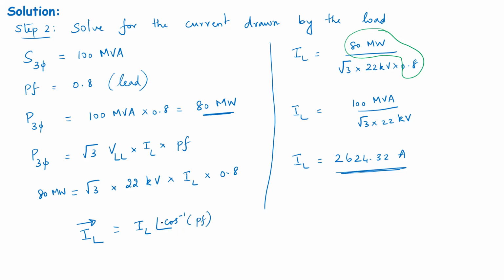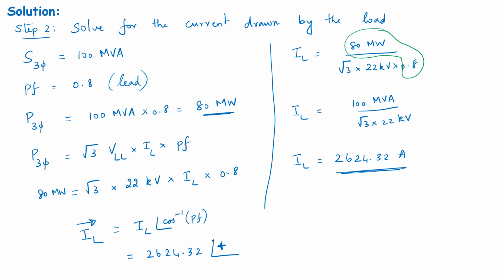Because this is a leading power factor, we will have a negative sign in front of the angle, and therefore IL phasor is 2624.32 at a negative angle of, oh, this is a leading power factor, so it must be a positive angle, sorry. This is just a positive angle, cos inverse of the power factor value. It must be a positive angle, not a negative angle, because this is a leading power factor.